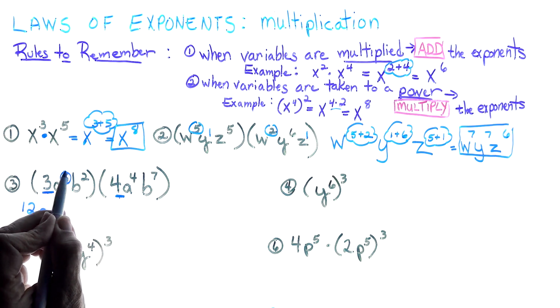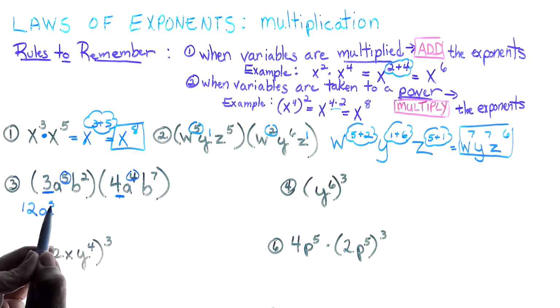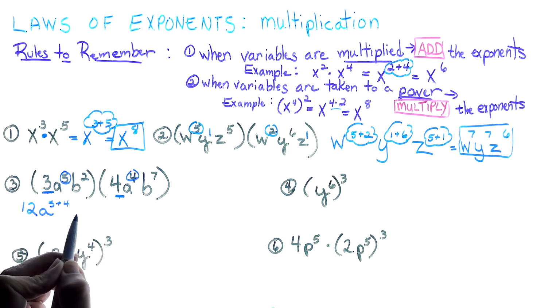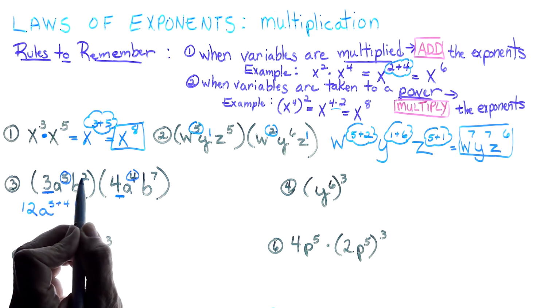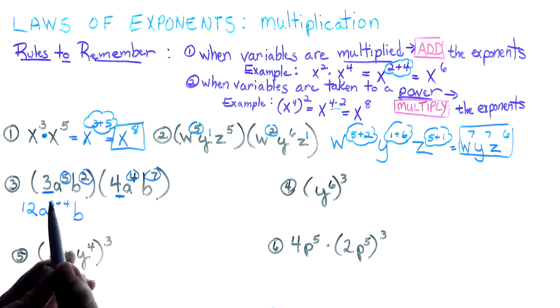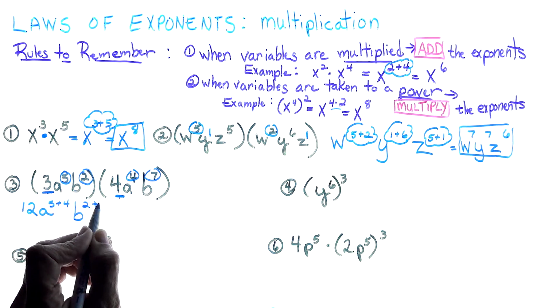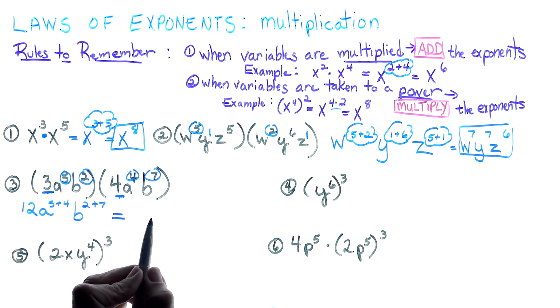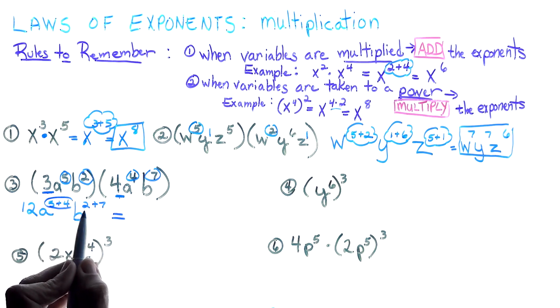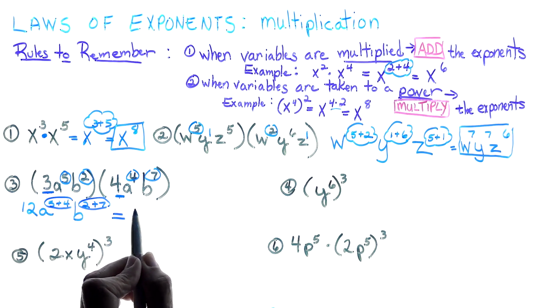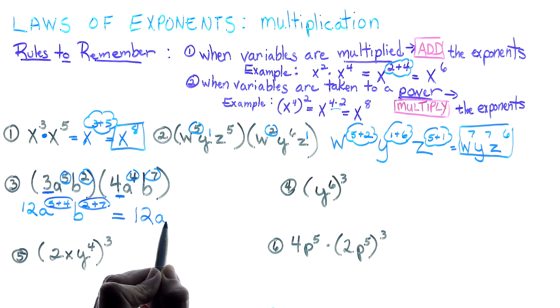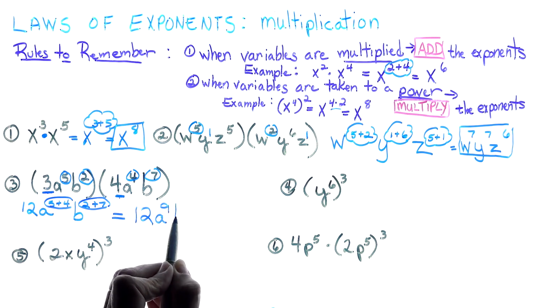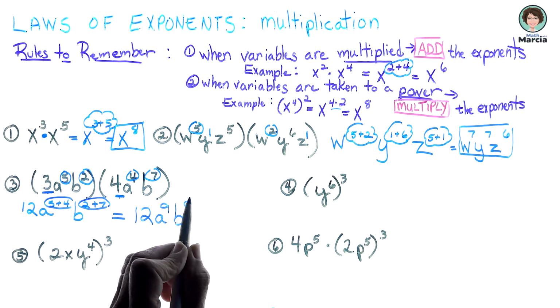I see I have a 5 and a 4, so it's 5 plus 4. I'm putting my b. I see I have a 2 and a 7, so it's 2 plus 7. Now, I'm just going to write it where I am actually adding my exponents. So it is 12a to the 9th, b to the 9th. And there's your answer.